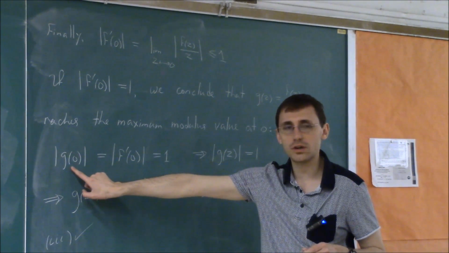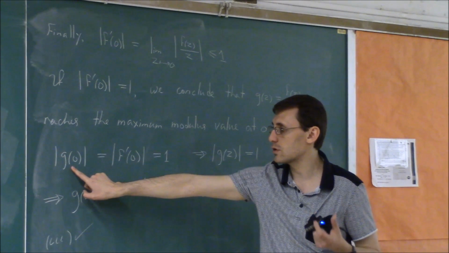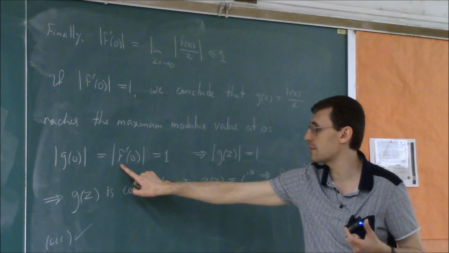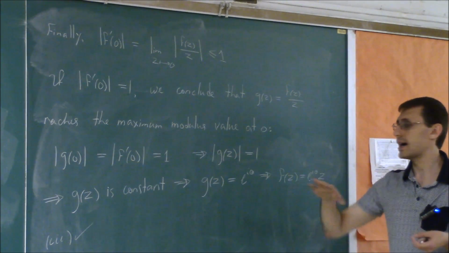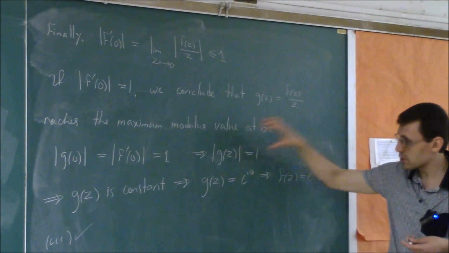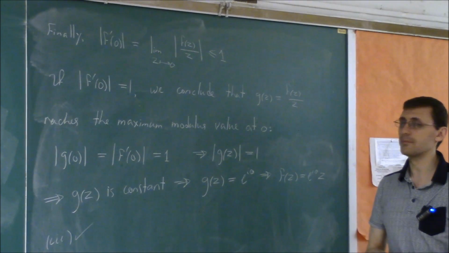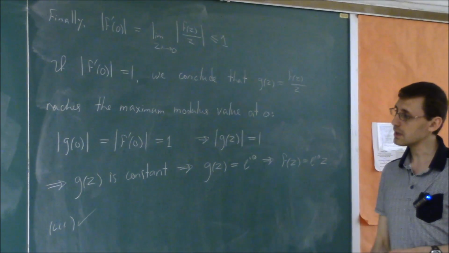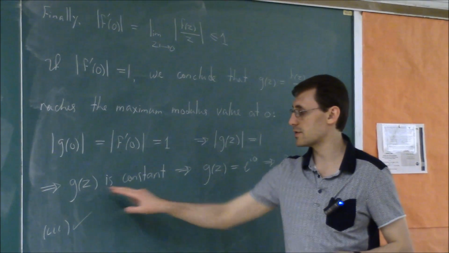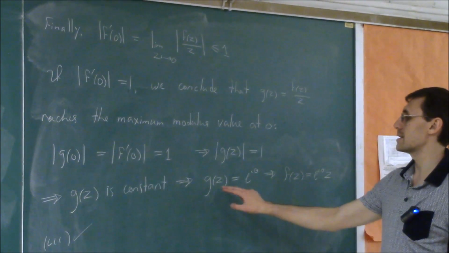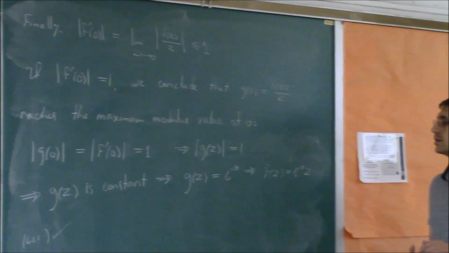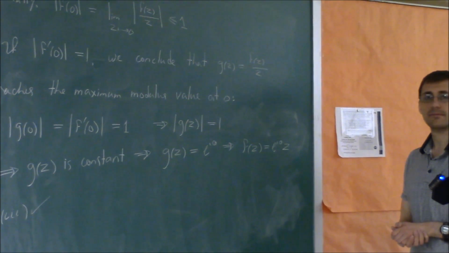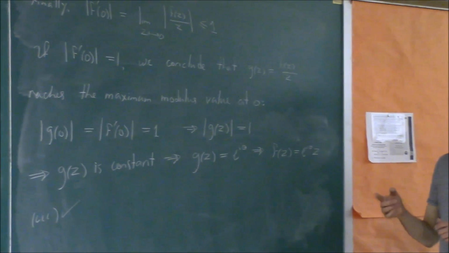Because the modulus of g of 0 is the same as the modulus of f prime of 0, which is 1. Which makes the modulus of g of z identically equal to 1 throughout the region. That is to say that g of z is a constant, which means that g of z is equal to e to the i theta, and that readily translates to f of z being equal to e to the i theta times z. So that proves the last result.